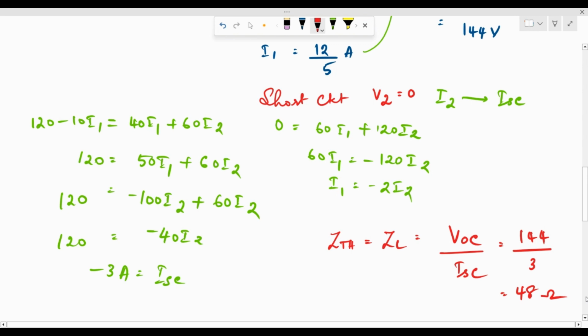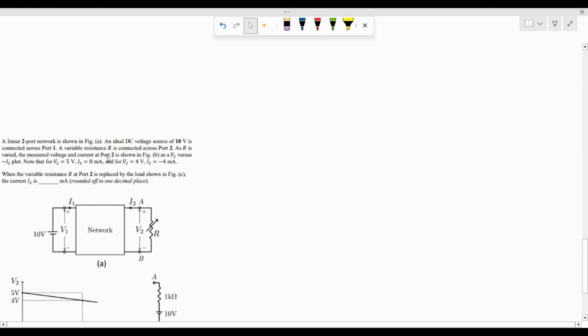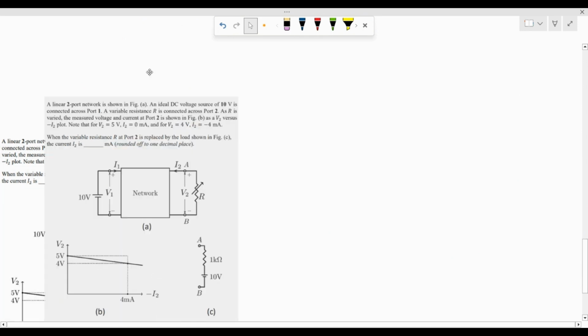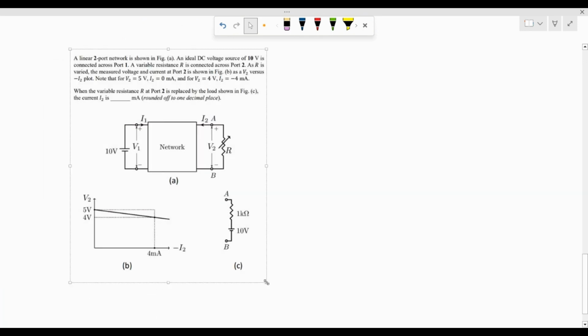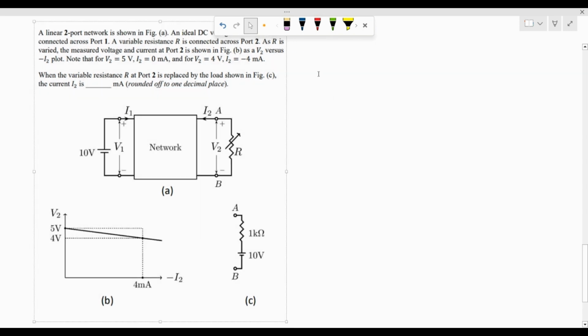On a similar note, we can compute the solution for the next numerical. Here, we've been given this problem. This was asked in GATE 2022, and we've been given a lot of information here.